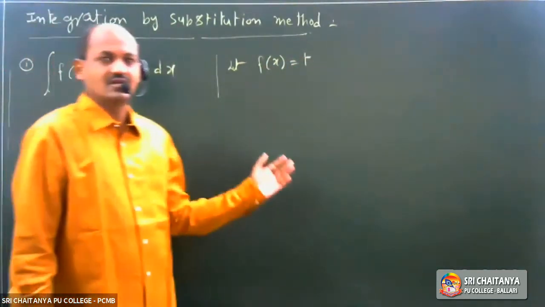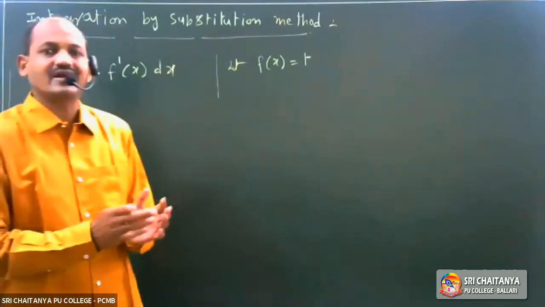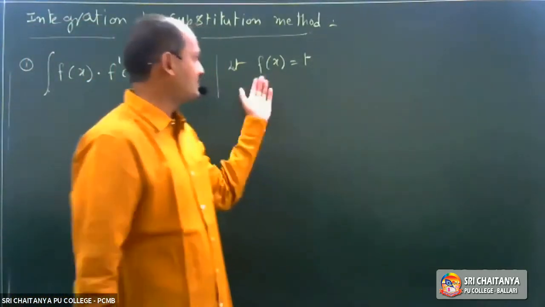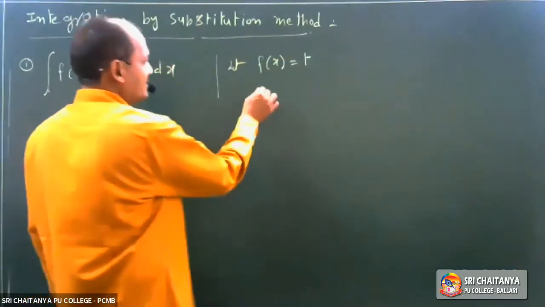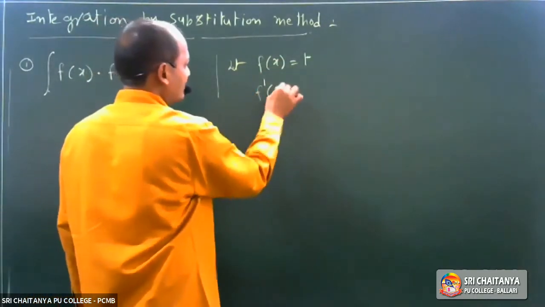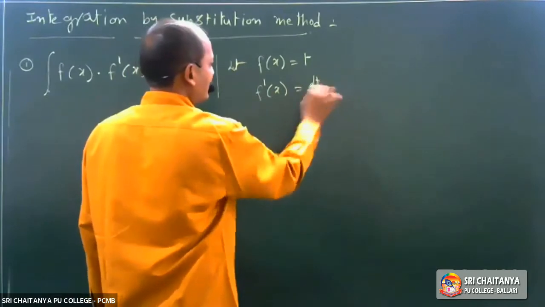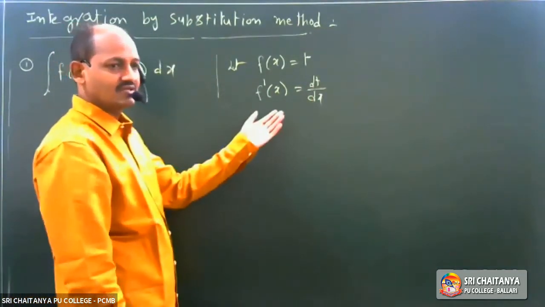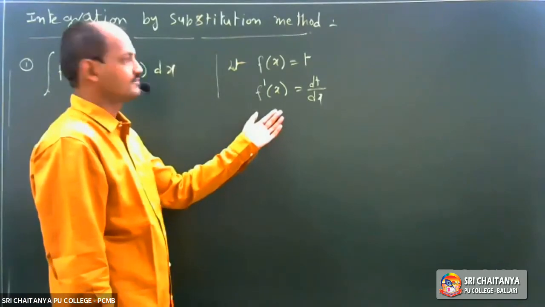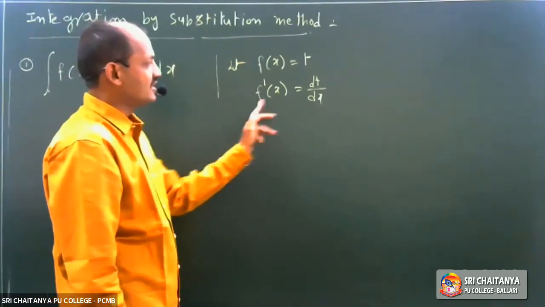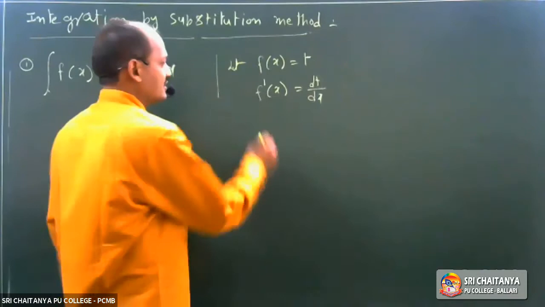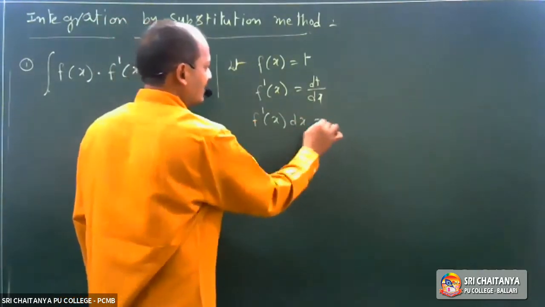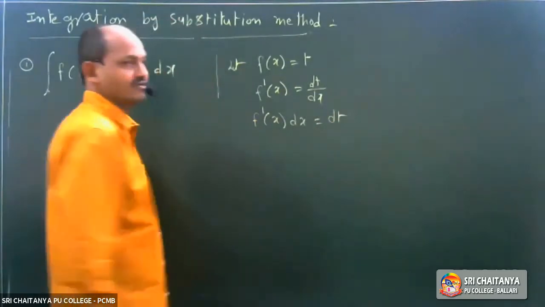That means a given function is considered as any other term. f of x is equal to t. Its derivative, differentiating with respect to x, f dash of x is equal to dt by dx. So f dash of x into dx is equal to dt.